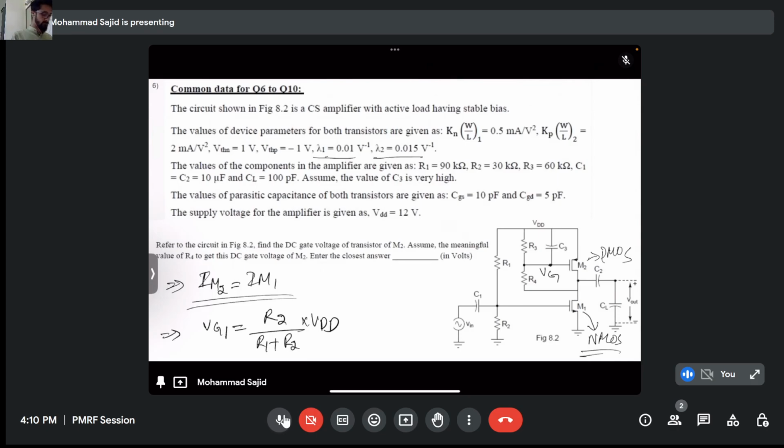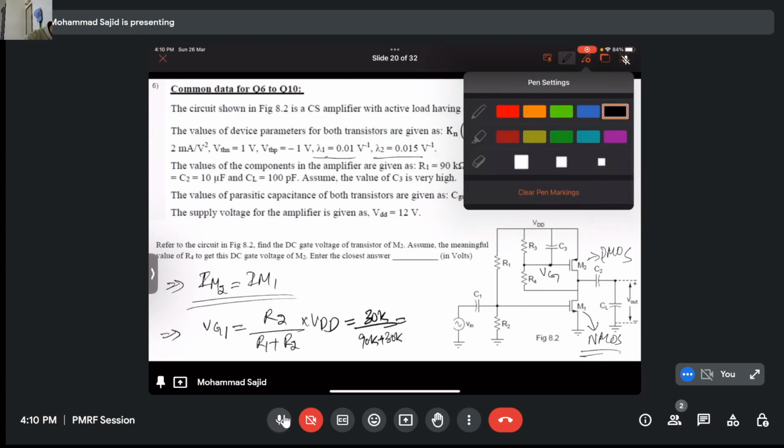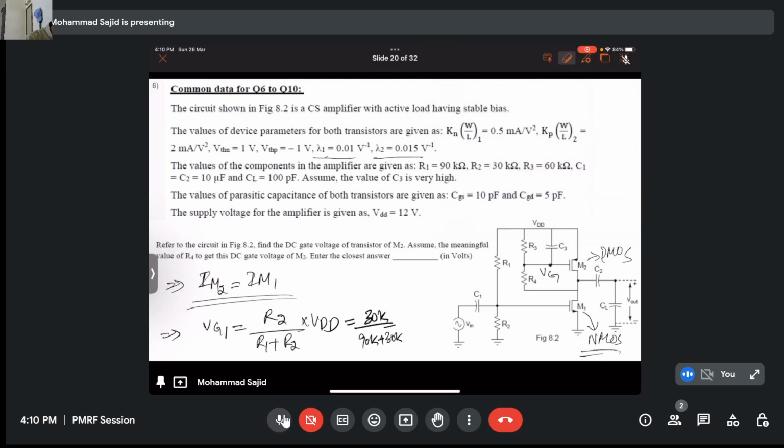So my R2 is given to us as 30 kilo ohm divided by R1 plus R2, that is 90 kilo ohm plus 30 kilo ohm, into VDD, that is 12.